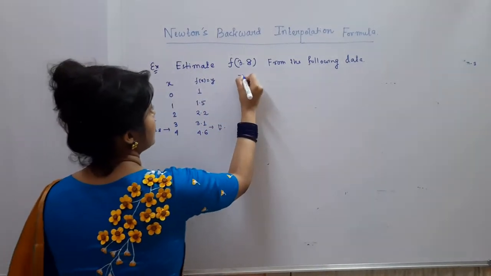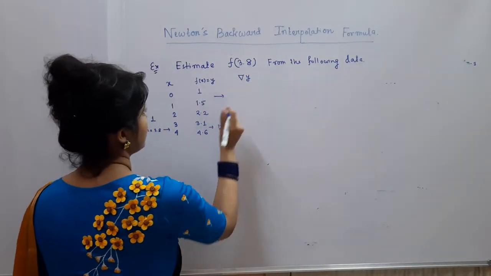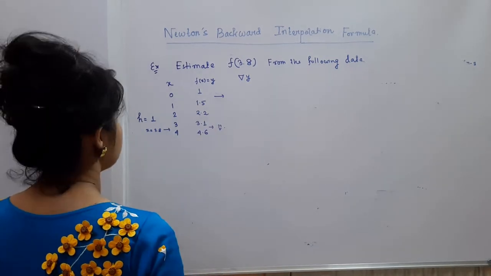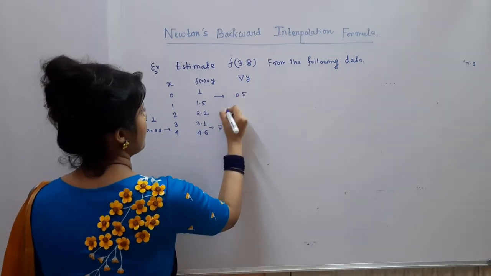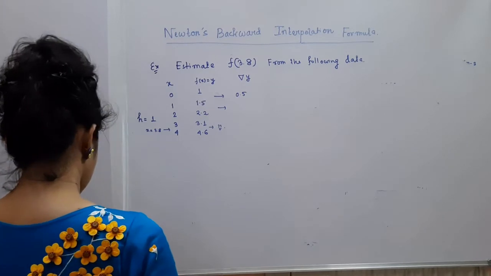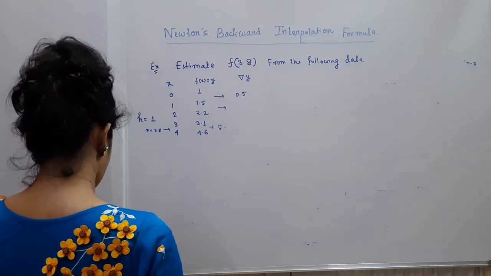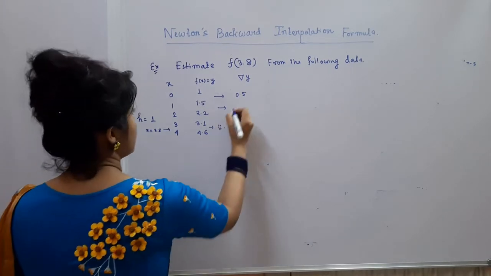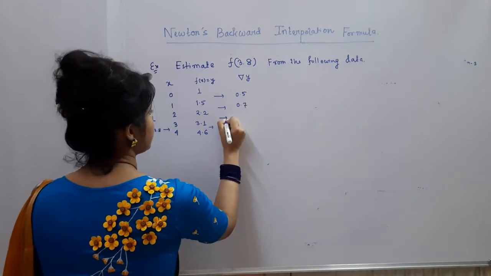First this is delta y. Delta y means 1.5 minus 1, that is clearly 0.5. Then 2.2 minus 1.5, that is 0.7.